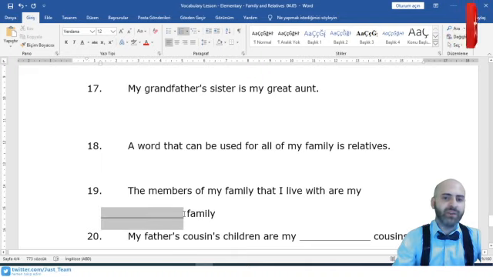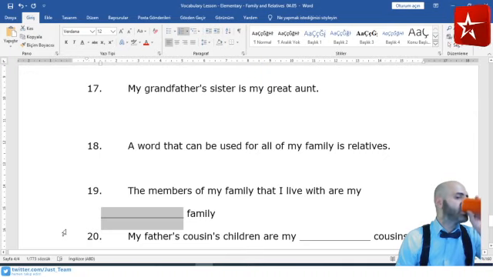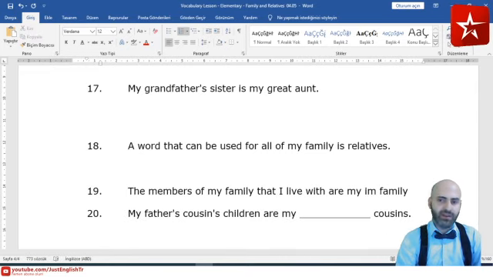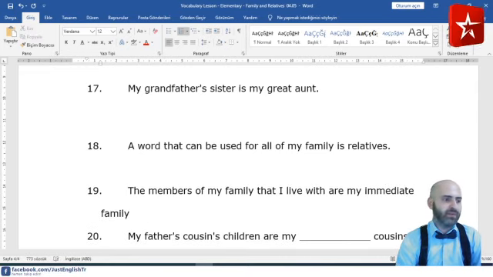What kind of family do we say for this one? Yeah, we have got the first correct answer. It is immediate family.